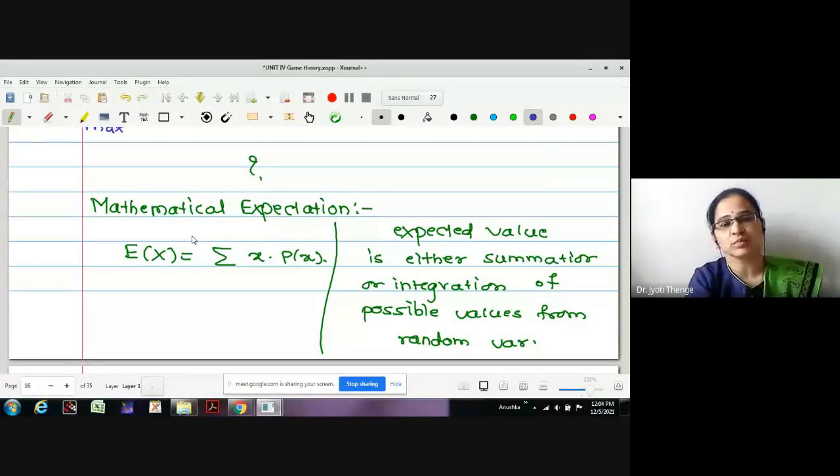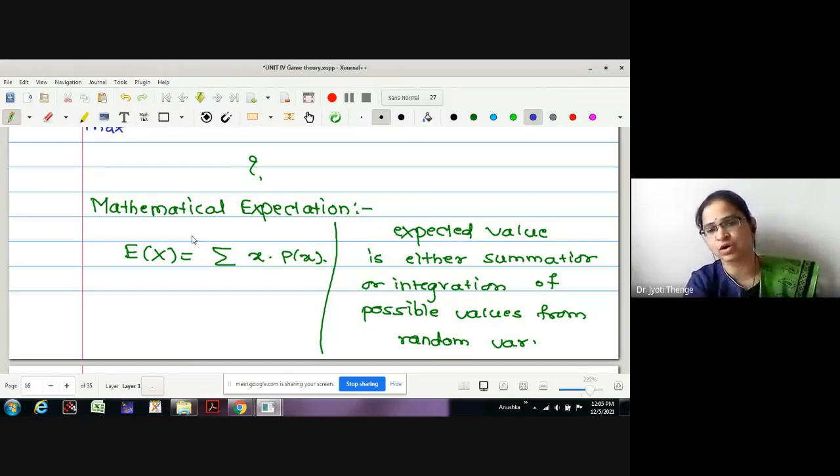Because the strategies played by the player are along with some probabilities. Whenever an event is going to occur, we cannot call the outcome an exact value. It can be called the expected value, the expected outcome of the game.